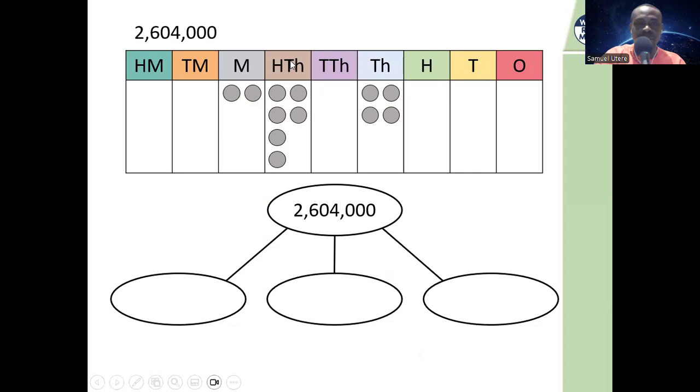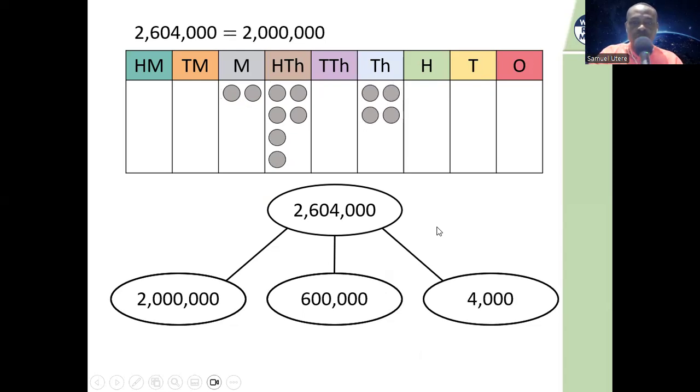We have 6 counters. So we just say 600,000. And then the next one is 4,000. You can see you have 4 counters in the 1,000 column. So that's how we can partition numbers into their different constituents or components once we know how the place value chart works.